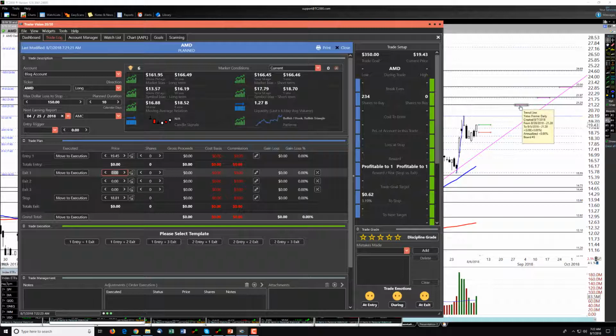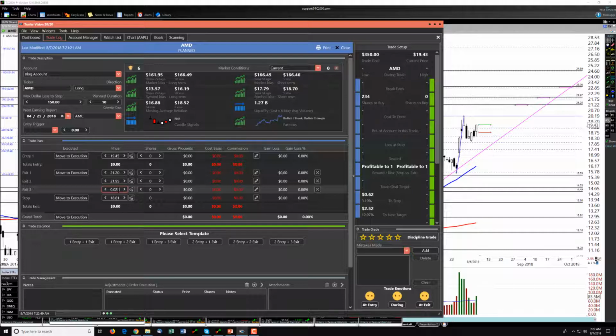A first target up here at that, well, let's just use 21.20, and a second target up here at 21.95. Not much movement between the first and second target, and then the third one up here at 23.